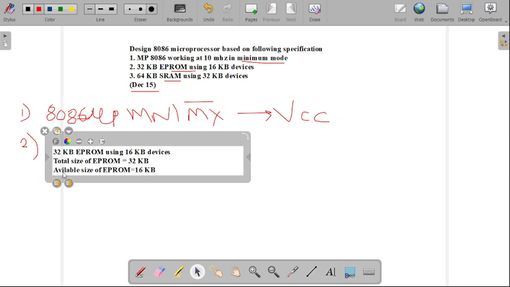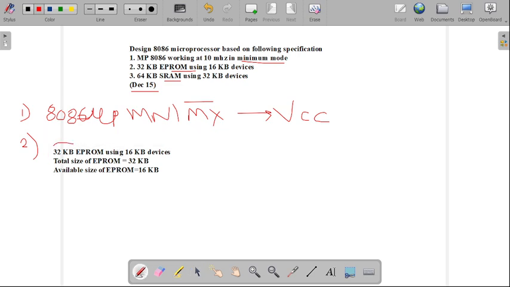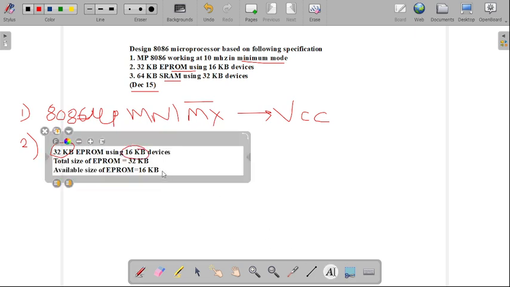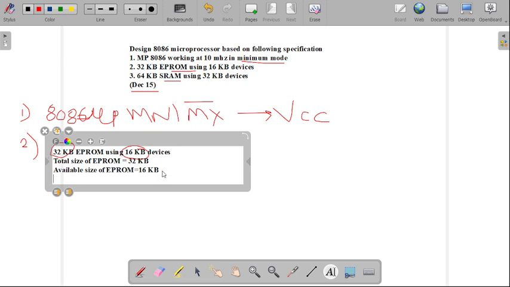So in that example, we got two numbers: 32 KB of EPROM is the total size of our ROM and 16 is the available size of our ROM. Whenever I write the total and available size, I have to calculate how many sets and how many chips will be required.